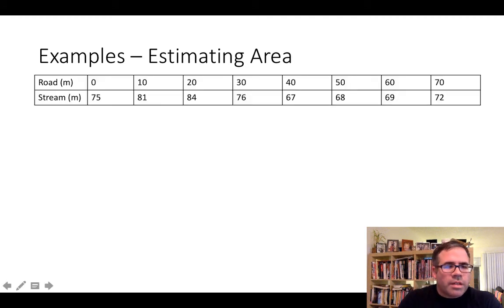So to start off, we're going to draw our picture. And so we have our road, and it's a straight road. We're just going to draw it like this. We have our stream, and we measure every 10 meters. So 0, 10, 20, 30, 40, 50, 60, and 70.